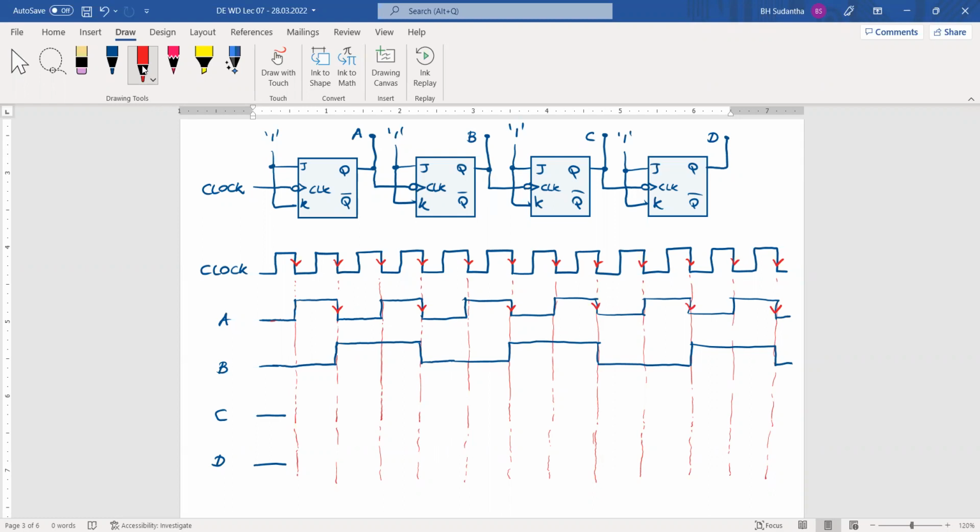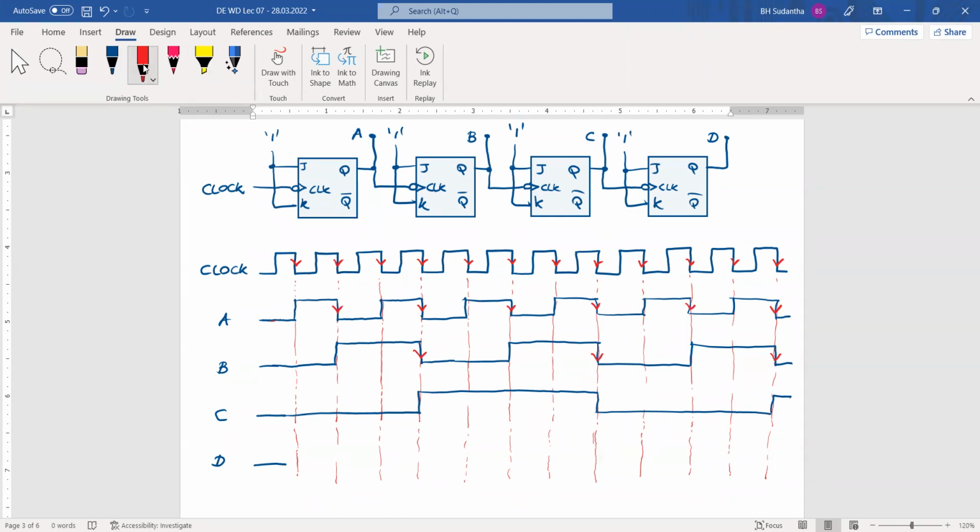How can we draw C? By considering B, especially the falling edges of B. At these falling edges, C will change. C has received the first clock pulse, but it waits until it receives the falling edge. At the falling edge, it changes and remains there until the second falling edge. At the second falling edge, it comes down and goes up again at the third falling edge.